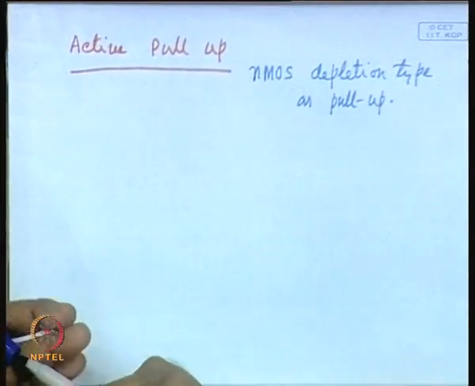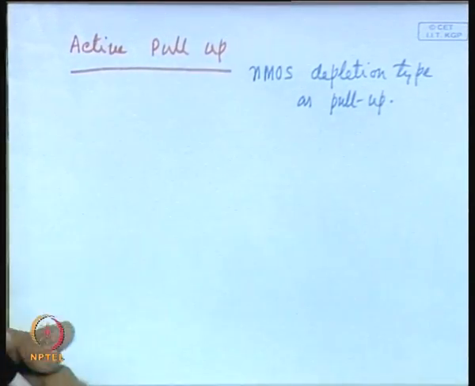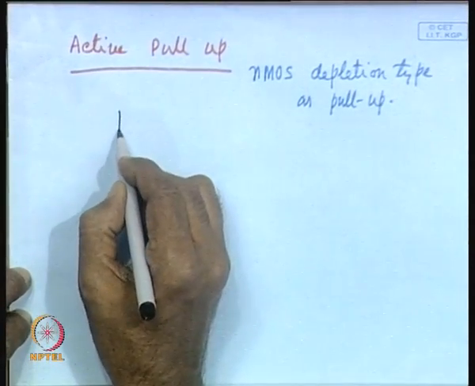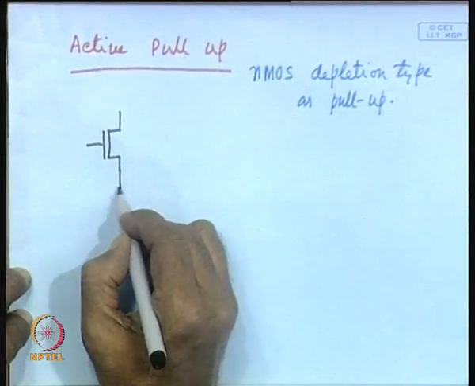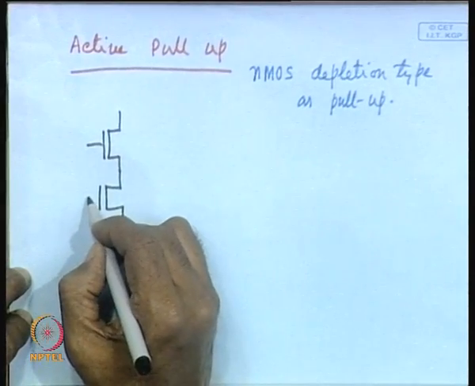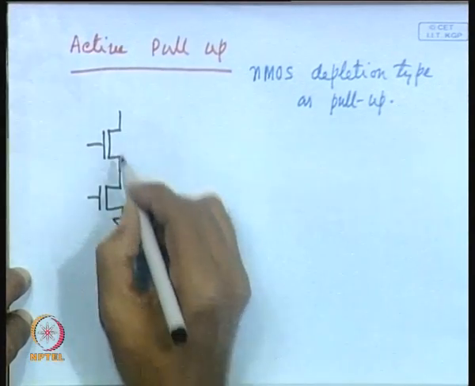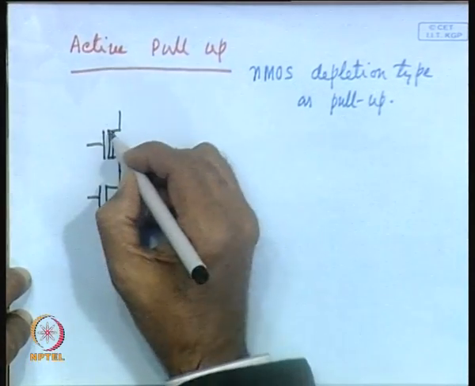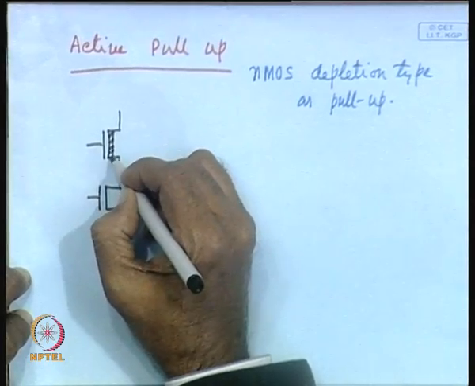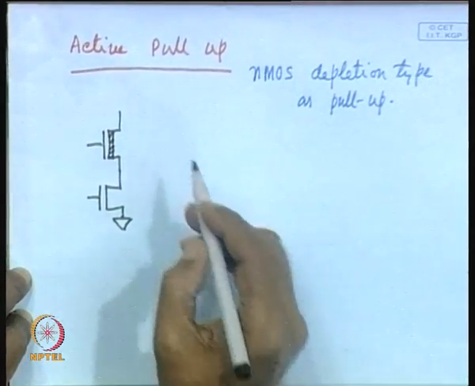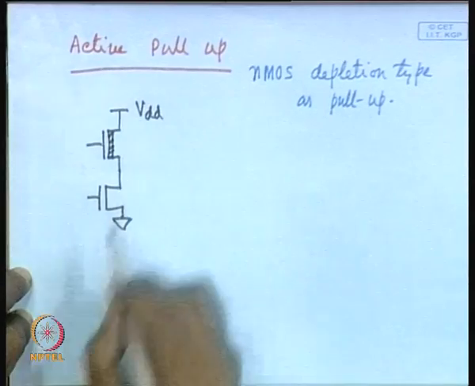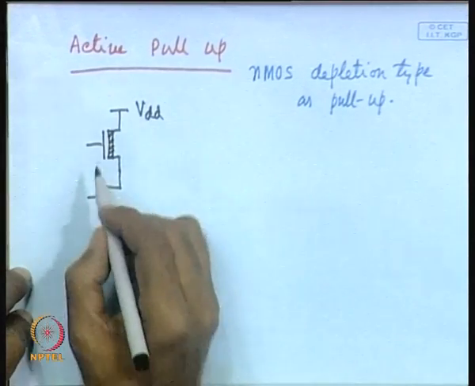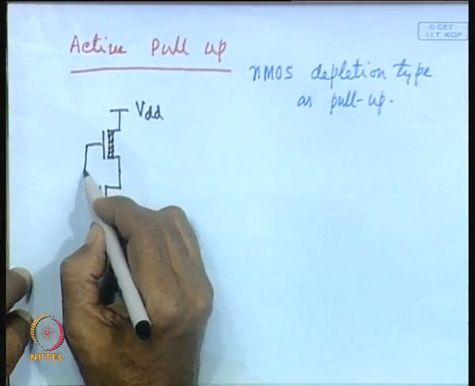So, what we are doing in this particular case, we shall be using a MOS transistor as pull-up device, and this is a depletion type NMOS transistor. When you are using a depletion type transistor, what you can do? You can connect the gate to the source.